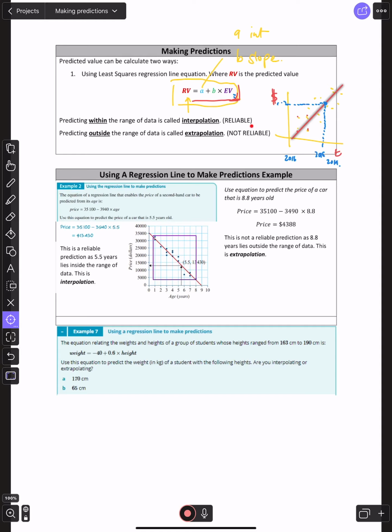It's also reliable, because I have data within 2018, and I can comfortably say that's a good prediction. We call that interpolation because it's in the range of the data that I have, and therefore it's a reliable prediction. So just keep that in mind: interpolation inside the range of the data is reliable.